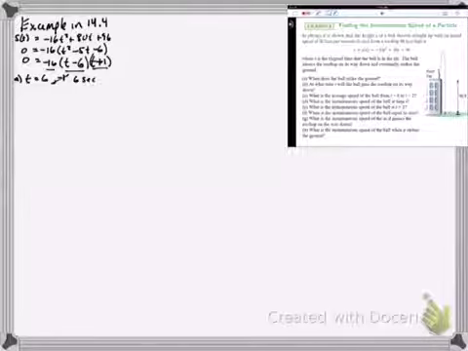So for A, it's after 6 seconds. And then for B, it's asking what time the ball will pass the roof on the way down. So instead of plugging in 0 for the height, we're plugging in 96 for the height.